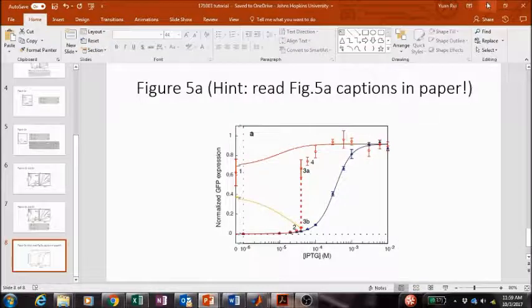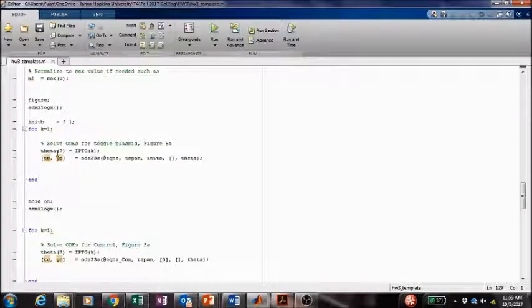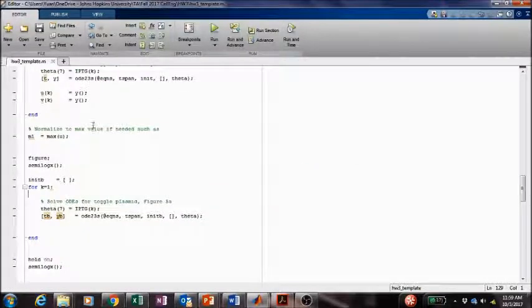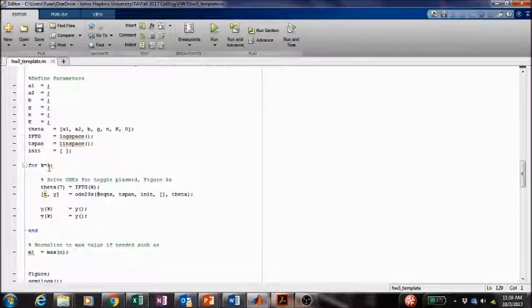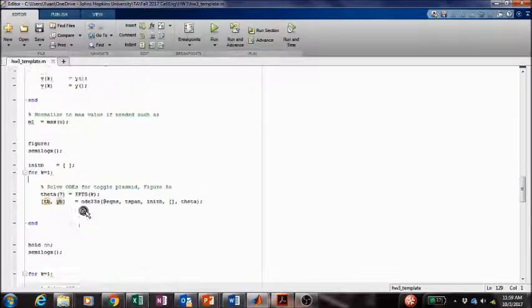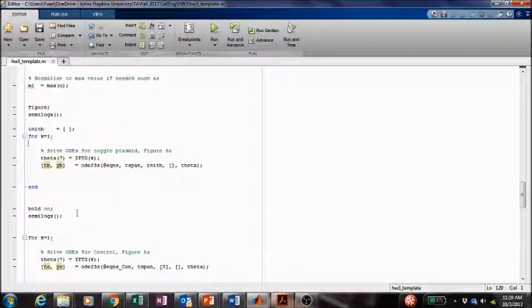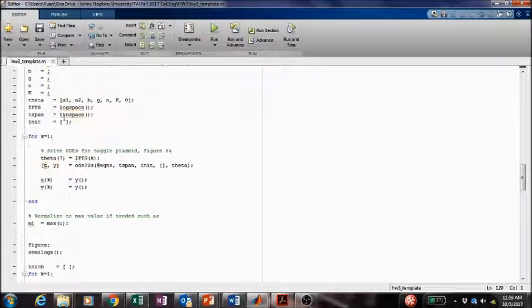Okay, so same idea here. You can use the exact same set of code that you had from up here down here in order to get the second one of those curves, but you're going to need to play around a little bit with your initial conditions. So you need to have it start at the high state instead of starting at the low state. So for example, if for the initial conditions here you put 0, 0, then you're going to get that one graph.